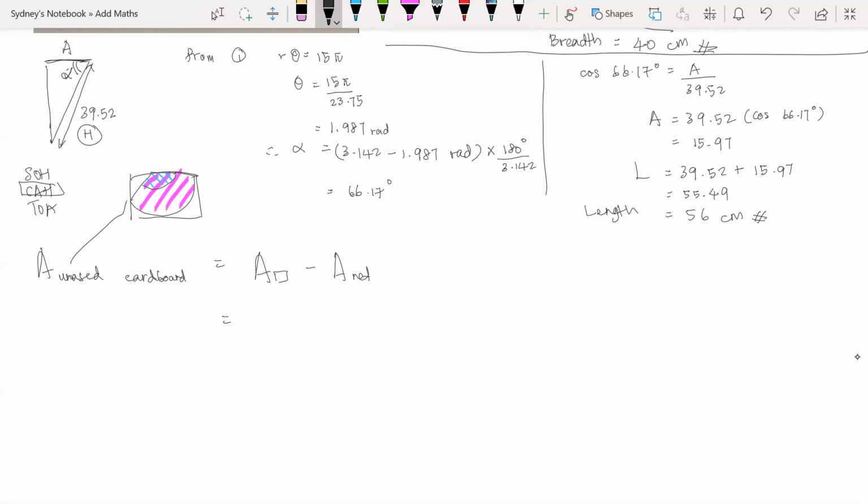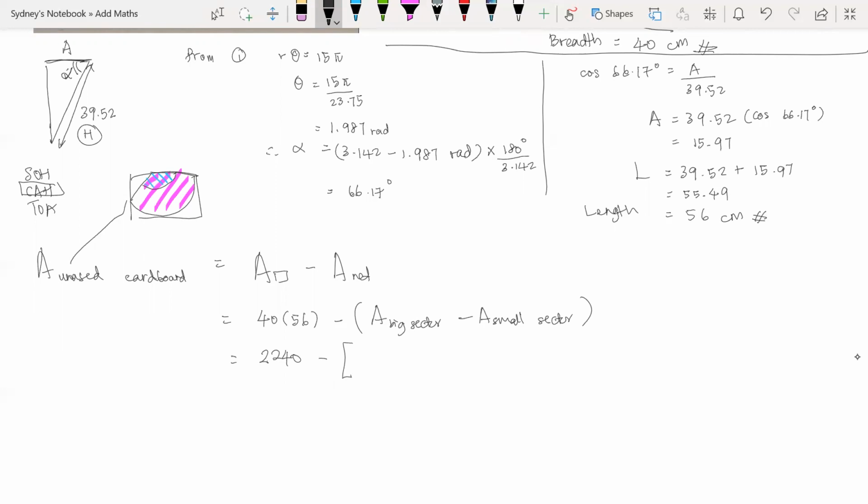The breadth will be 40 times the length will be 56, minus area of the net, which will be area of the big sector minus area of the small sector. Okay, let's solve that part. So 40 times 56, using the calculator, we have 2,240. Okay, solve this one first.